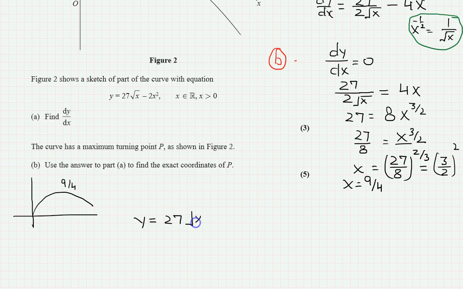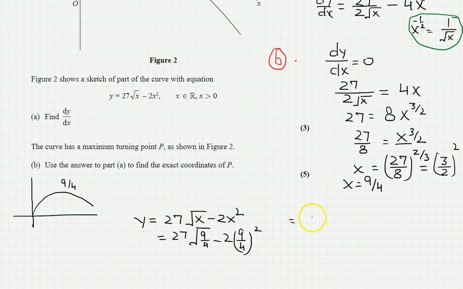27 root x minus 2x square. So we put x is equal to 9 over 4. So 27 root 9 over 4 minus 2 times 9 over 4 square.